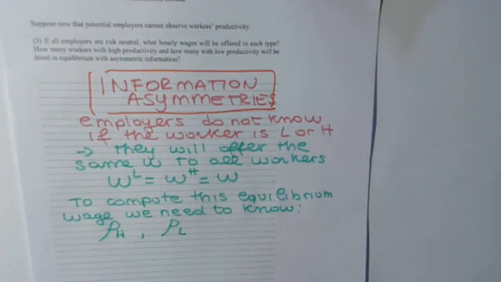Basically, this probability corresponds to the percentage of highly productive workers and low productive workers as a function of the hourly wage offered. And this is what we do now.